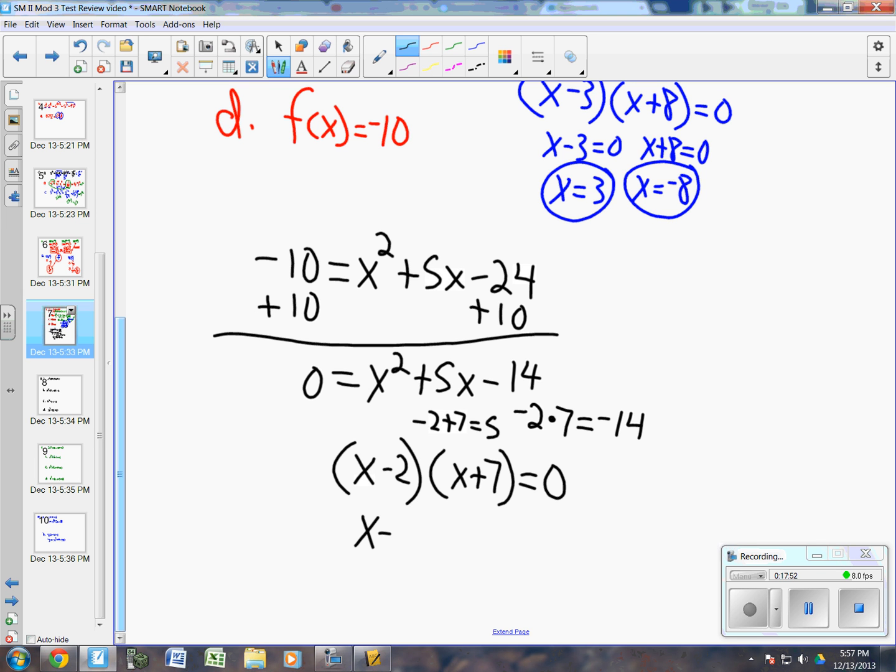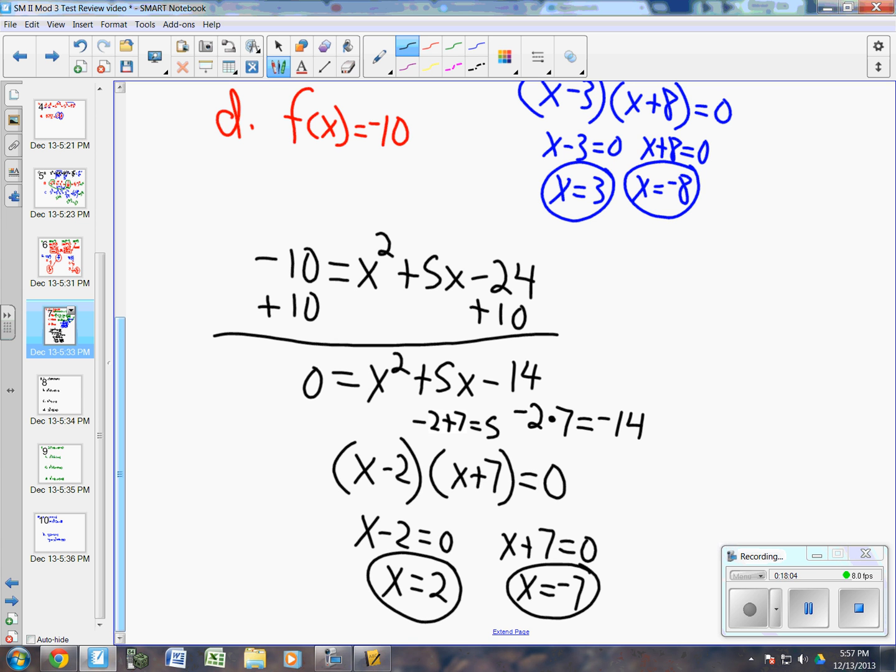So I set x minus 2 equal to 0, x plus 7 equal to 0. So my two solutions are x equals 2 and x equals negative 7. And so if we replace f of x with negative 10, then I get 2 and negative 7 as my solutions. That is number 7.